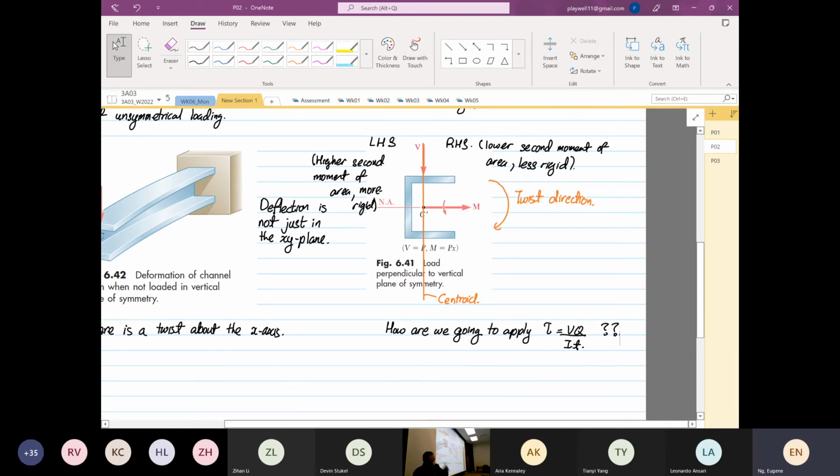Now this formula is only valid when there is no twisting. Okay, so no twisting is allowed.